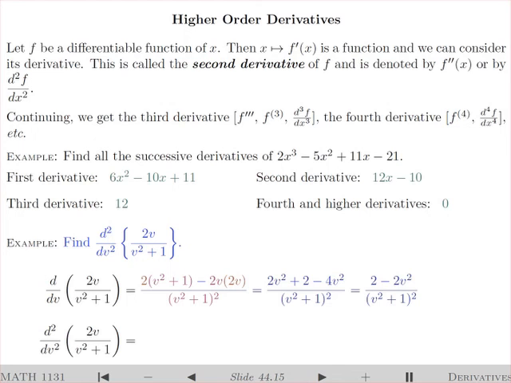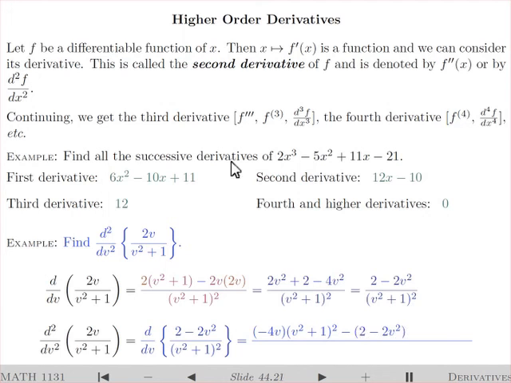I still have a fraction, so I'm going to use the quotient rule again to differentiate the first derivative, that is, to get the second derivative of the original function. So in the first derivative, the numerator is 2 minus 2v squared, its derivative is negative 4v, times the denominator v squared plus 1 quantity squared, minus the numerator of the function I'm differentiating, 2 minus 2v squared, times the derivative of the denominator.